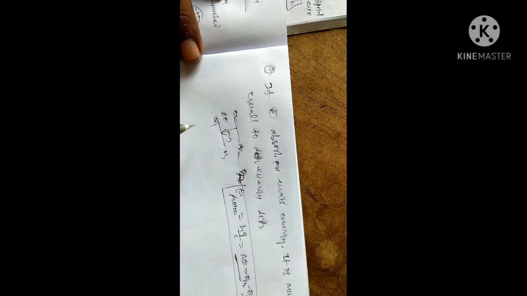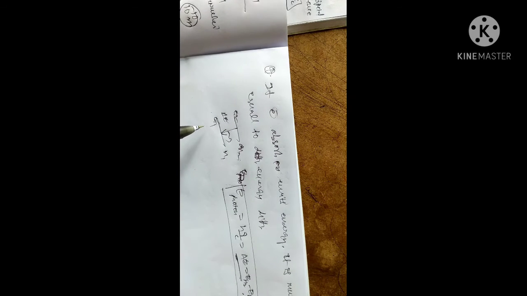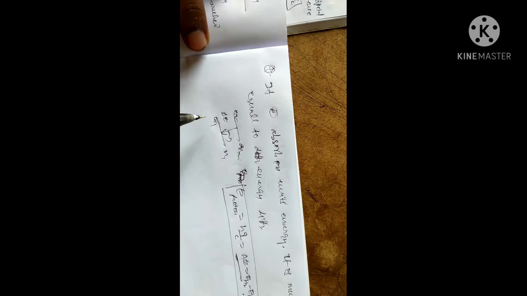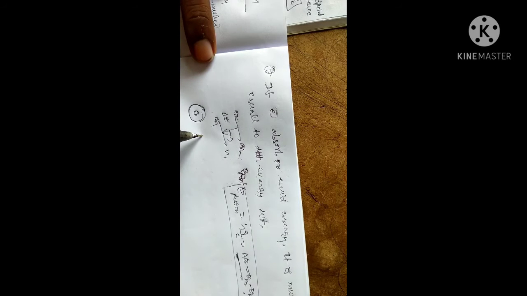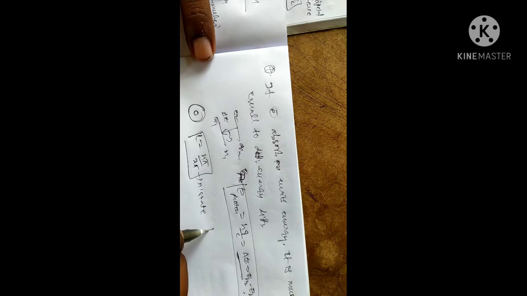Okay, now we define the stable orbit. A stable orbit means the electron is revolving in a stable circular orbit, which gives the angular momentum L equal to nh by 2 pi, for the n states. Here n is the principal quantum number.